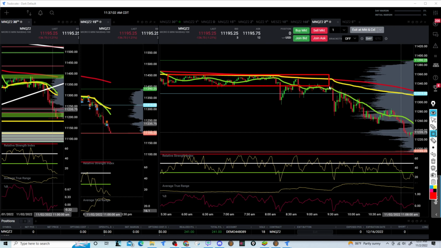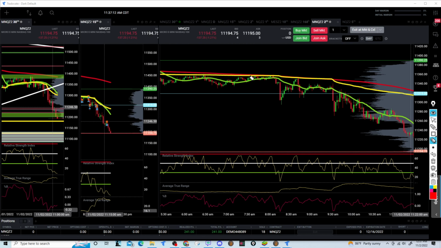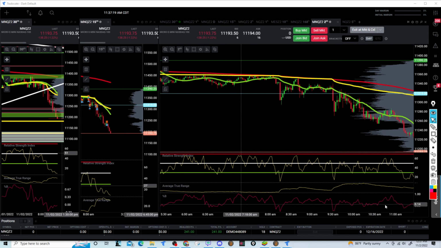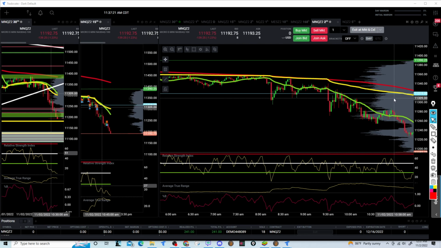That's all that it can possibly mean. It can't do anything else when the 20, the 200, and the volume weighted average price are together. So now that you've had a couple of videos on the 20, the 200, and the volume weighted average price, let's just go ahead and look again.